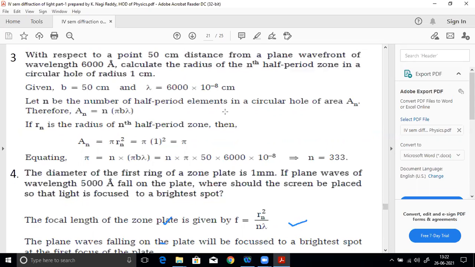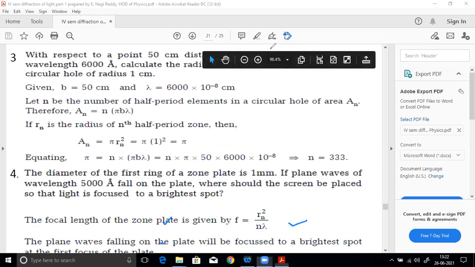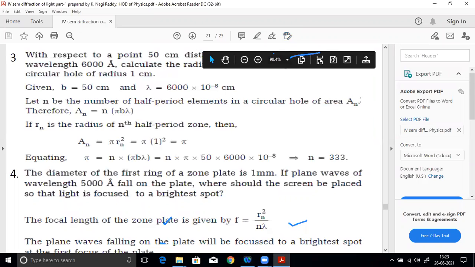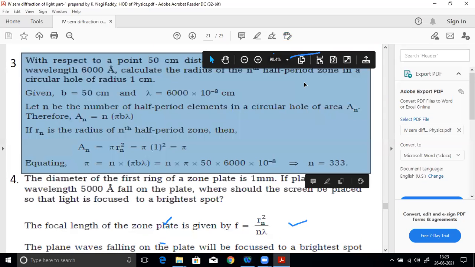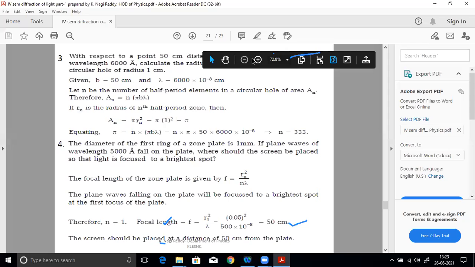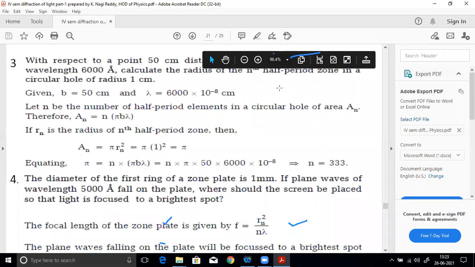With respect to the point at a distance of 0.5 centimeters, the wavelength of the light is 6000 angstroms.